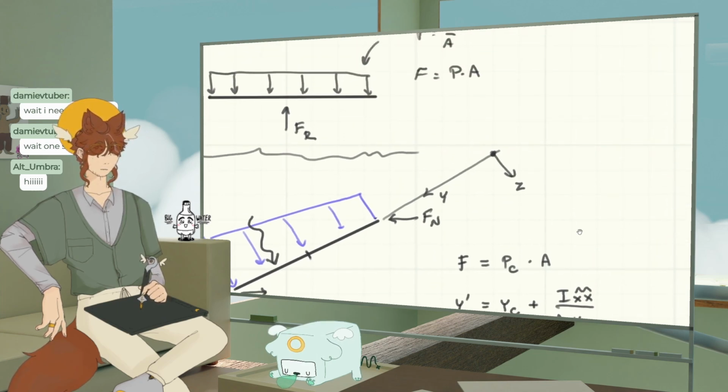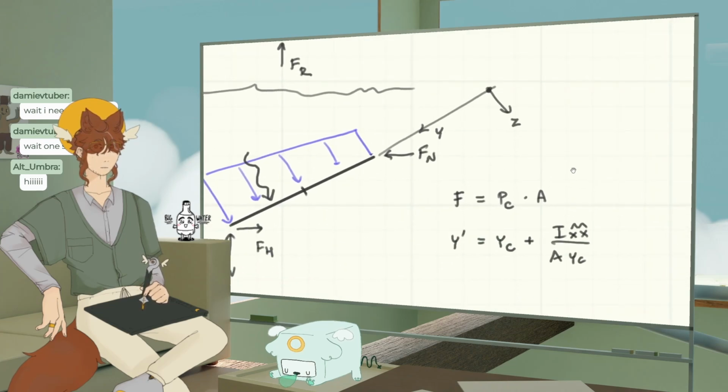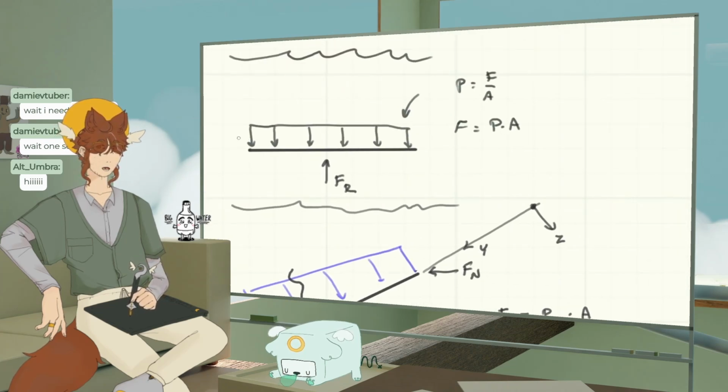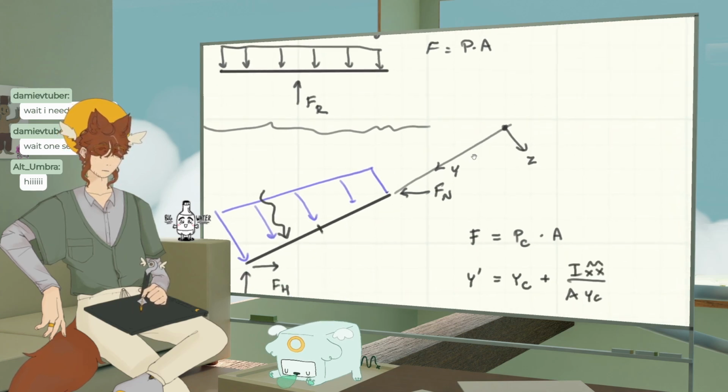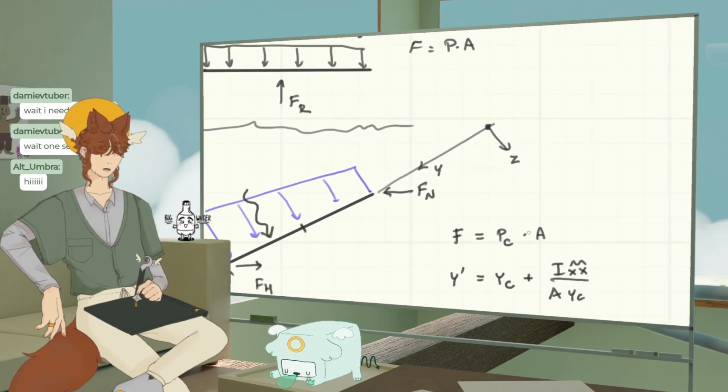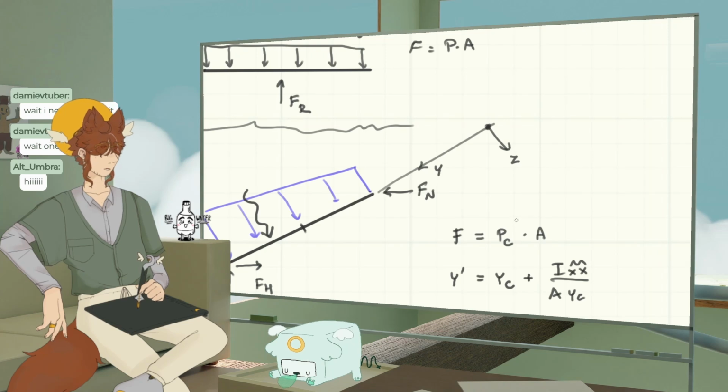And the one time this term would equal 0 is when we have a completely horizontal plate, actually. It turns out that our IXX for that would be, I want to say that's what goes to 0, because our YC doesn't go to 0, our A definitely isn't going to 0.